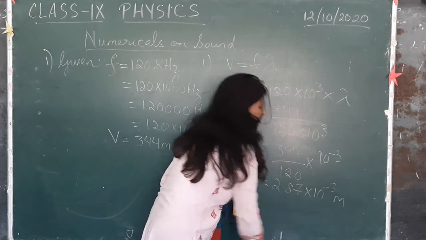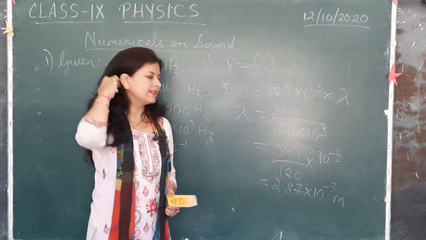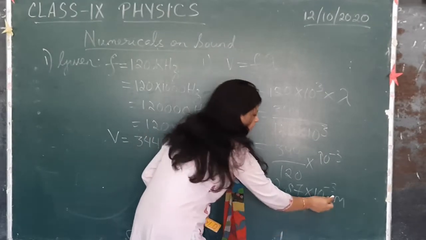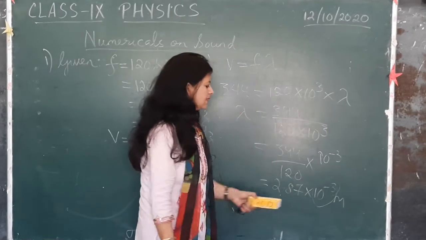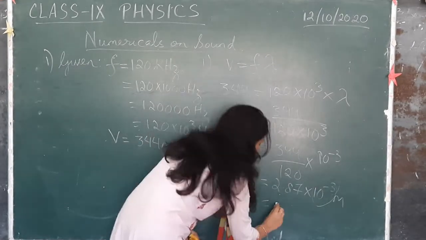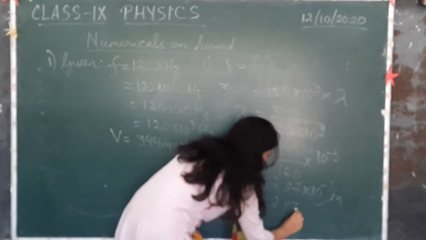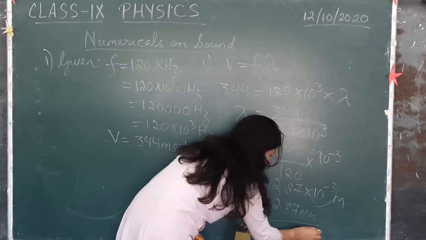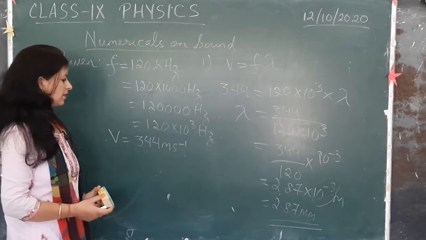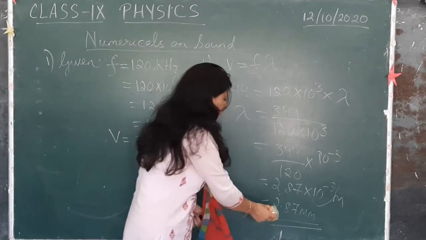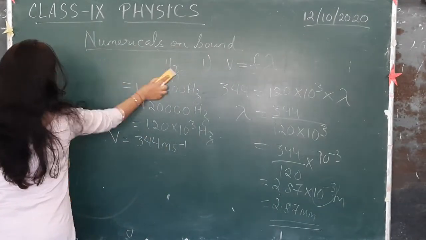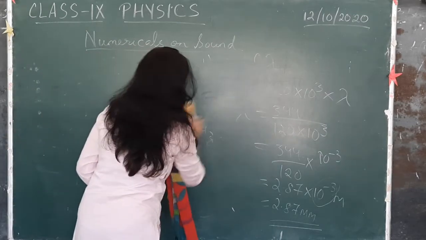This will be in meter because it is wavelength and the SI unit of wavelength is meter. Or instead of meter, you can do away with the power minus 3 because 10 to the power minus 3 can be replaced by milli. So it is 2.87 millimeter. So bats can hear sound of frequency up to 120 kilohertz and wavelength starting from 2.87 millimeter. That is the solution for question number 1.